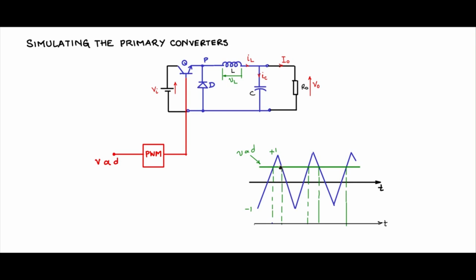So let us say at this comparison point, you will see that the control voltage proportional to duty cycle is higher. So we will have a high there, and then here the control voltage is lower than the triangle, and here it's higher than the triangle, and so on.